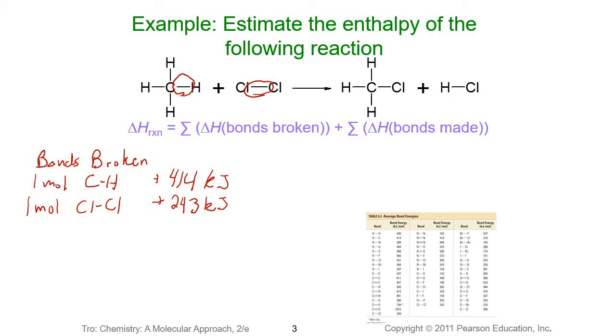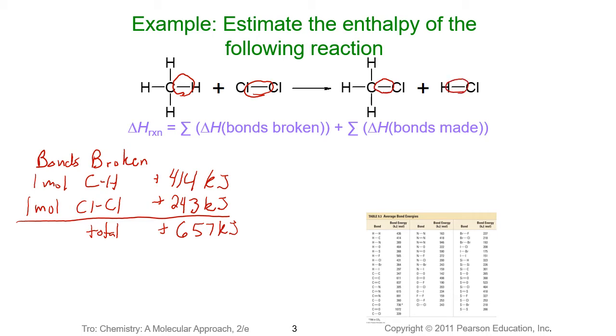We just need to remember that when we're breaking bonds, it's positive, and when we're making bonds, it is negative. So if we add up all of the bonds that we broke, we get 657 kilojoules.